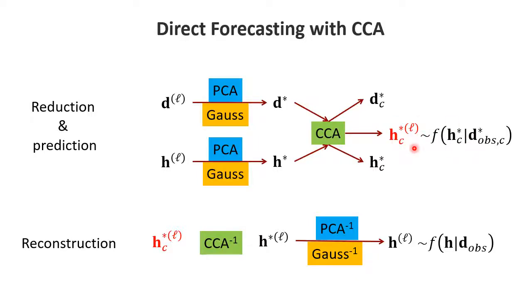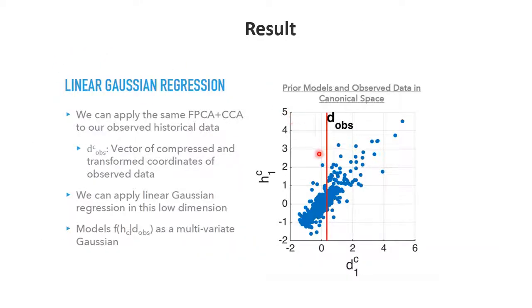We estimate this distribution and we sample from it, and then we reconstruct the samples. So here is, for example, the result of the first canonical component of the data and the first canonical component of the prediction. And we notice there's a nice linear relationship, and here's our observation. So this allows us to reduce uncertainty on our canonical variable for H, and we can do that for all of the canonical variables of H.